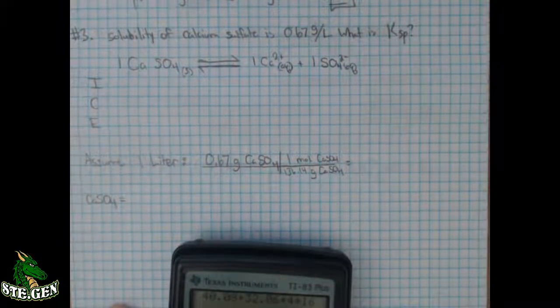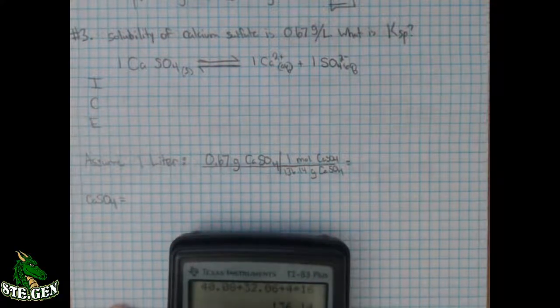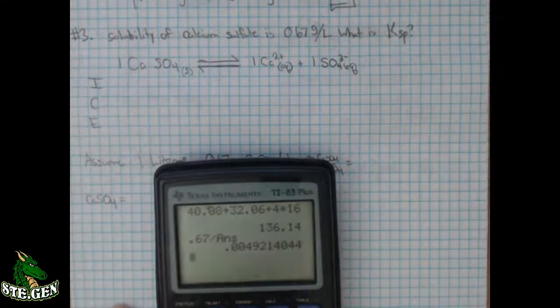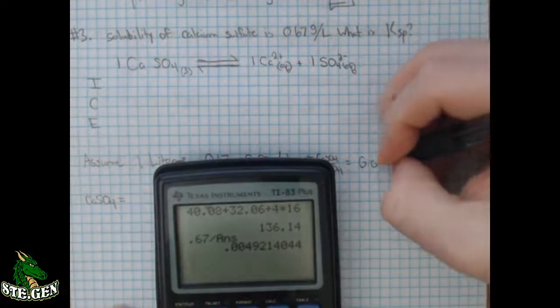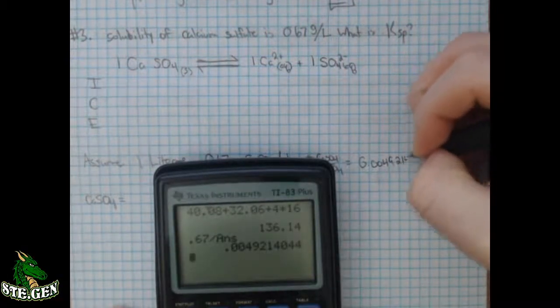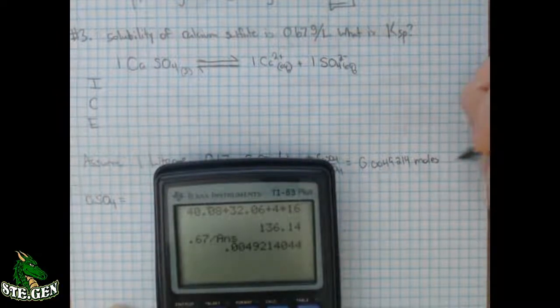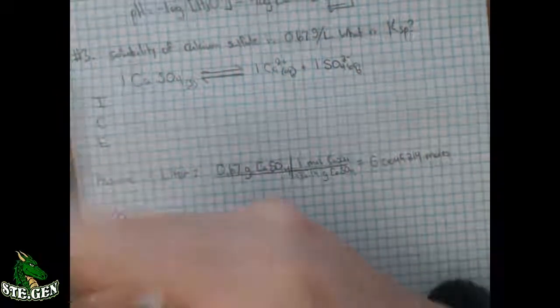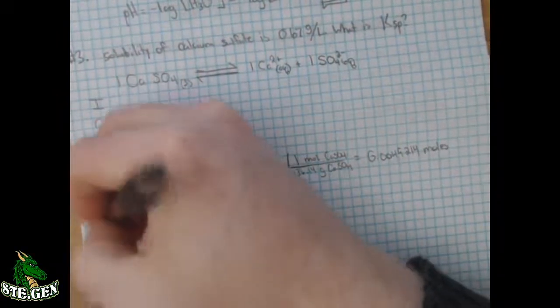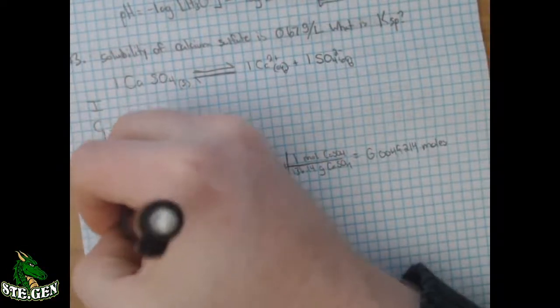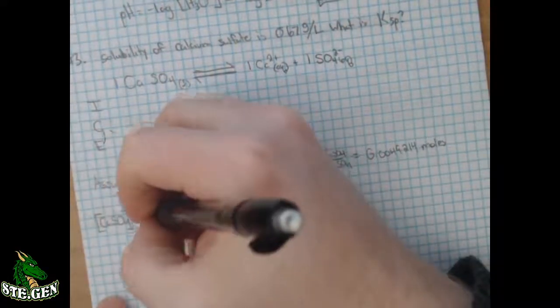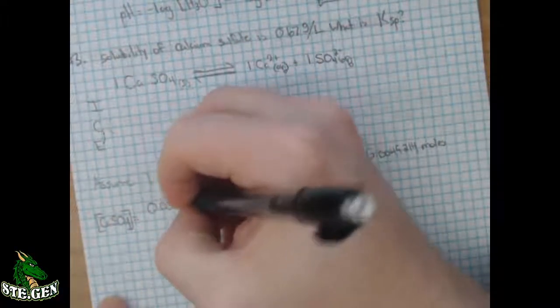So if we do 0.67 divided by our answer that we just got there, we will get 0.0049214 moles. And then from there, actually, I can leave that. If we assume 1 liter, our molarity of CaSO4 is 0.004921.